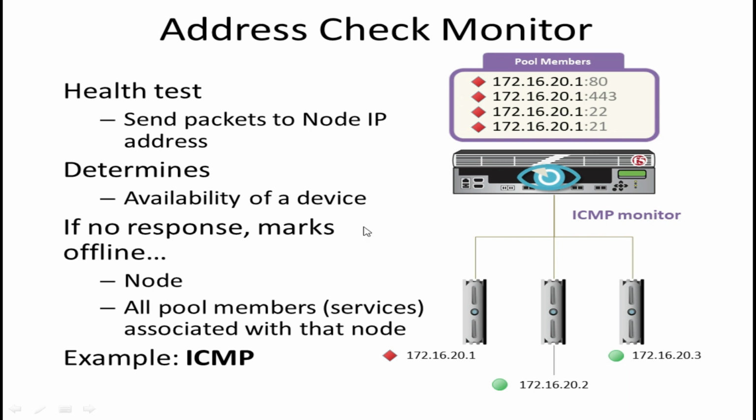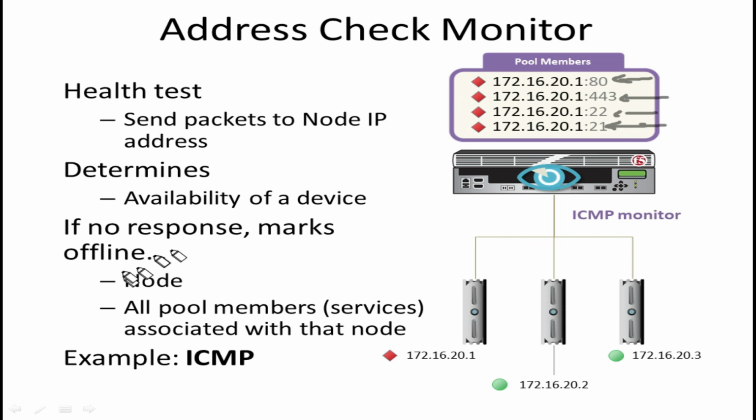So in this case, we check whatever service is running on our backend nodes. The service may be HTTP, HTTPS, SSH or something else, but it will just ping the node and mark it down for all of the services. So one of the services may be hung or down, but it will make the node down for all.